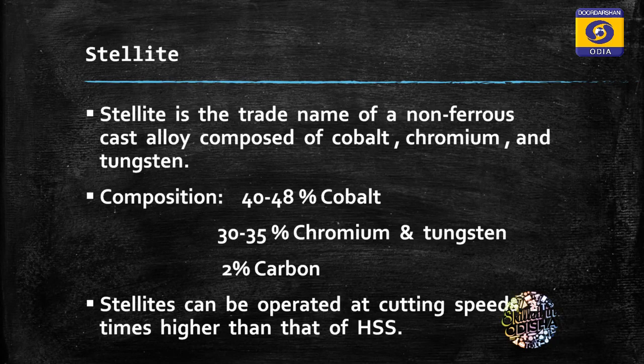Stellite possesses approximately 40 to 48% of cobalt and 30 to 35% of chromium and tungsten. Stellite can be operated at high cutting speeds, approximately 2 times higher cutting speed than that of high speed steel.